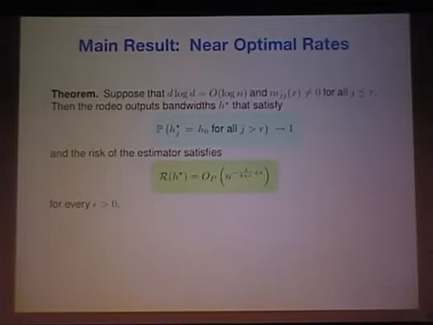So we get an n to the minus 4 over 4 plus R rate of convergence, plus epsilon, for arbitrarily small epsilon bigger than 0. Now there's one other thing I should point out here, which is that this is a strong result in the sense that we're getting the optimal rate of convergence, but look at the dimension.